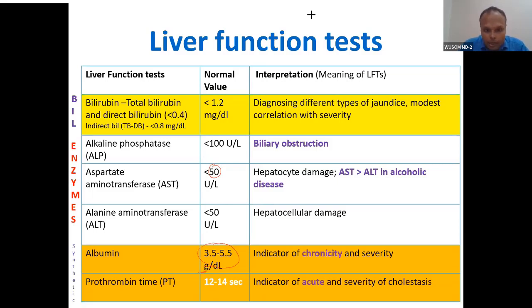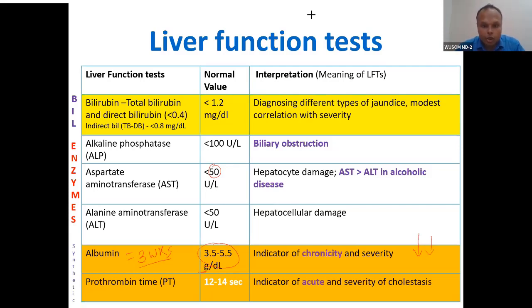This albumin has a half-life of 3 weeks. So if liver damage happens for more than like 1 month, meaning chronic, then only your albumin falls down.